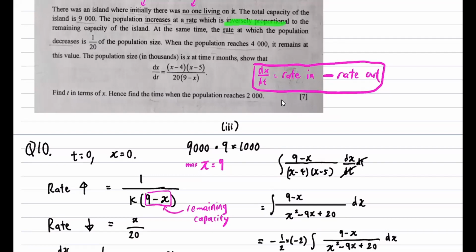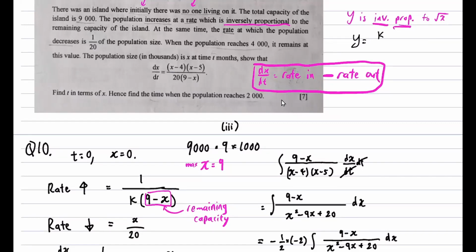Inversely proportional is from O level E-Math. Like y is inversely proportional, sorry, that's a short form of INV, to, let's say, square root of x. Then what would your equation be? y equals? Is it k over the square root of x?